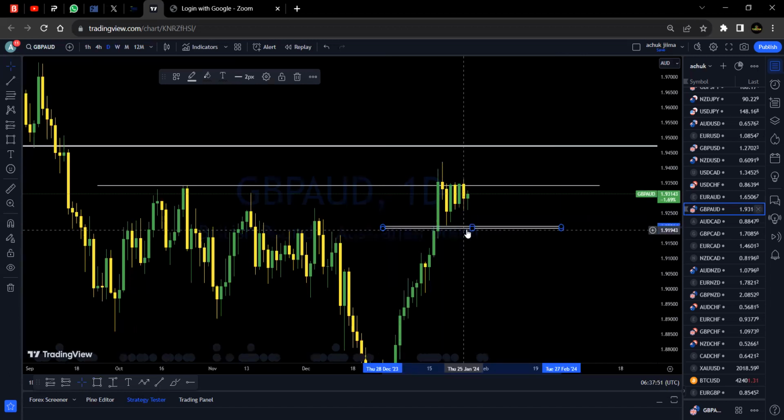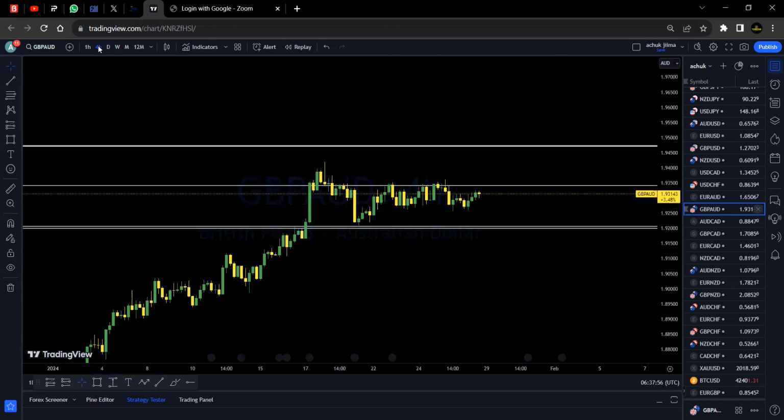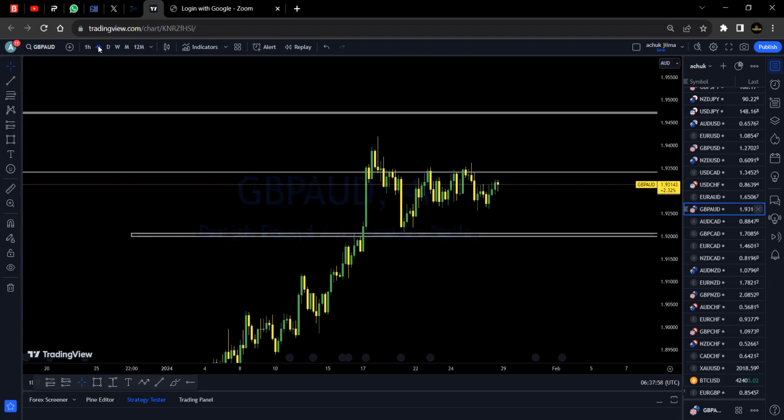So this is also our support, and then that. So coming to the 4-hourly time frame, you realize this is actually also in a range. So the market is ranging here. So the best possible time and trade is when price pushes here and fails to break this, or if price is able to push all the way to this resistance, then we can be interested in trading. So that's what we have.